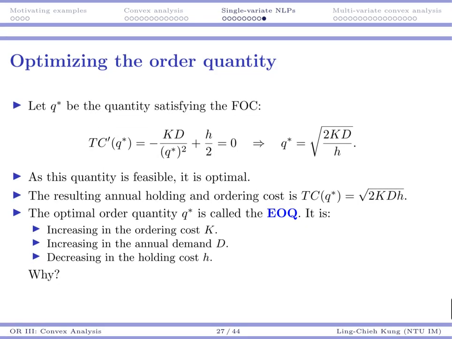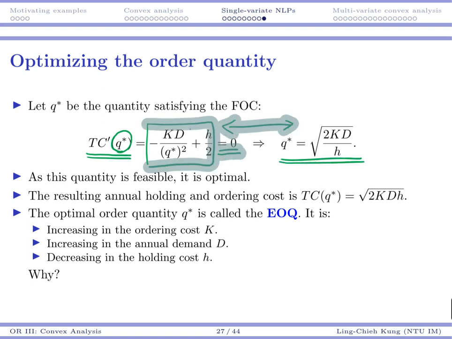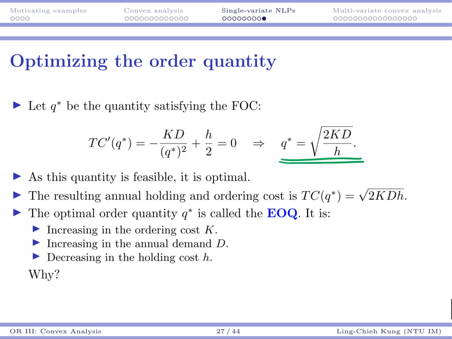So with that, now we know if there is an optimal solution, it's going to satisfy the first order condition. So your Q star should have your first order derivative equal to 0, and after some arrangement, you're going to see that Q star should be this particular formula, the square root of 2KD over H. So this is our analytical solution, okay?